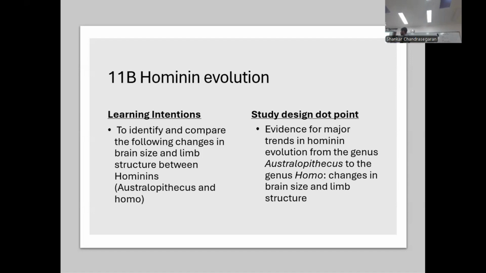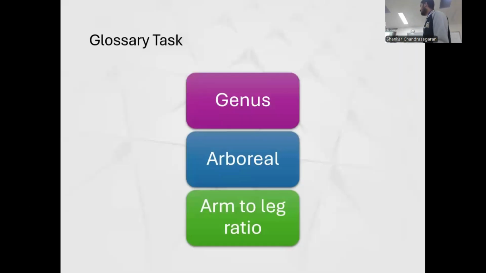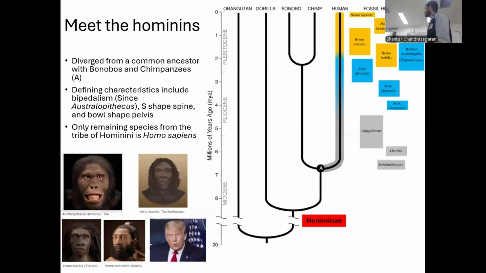What's important for you to know is to be able to evidence how the trends happen, basically how the changes in these structures show a timeline of how the hominin tree evolved over time and how eventually that gave rise to modern humans as we know. There's only three words that you need to know.